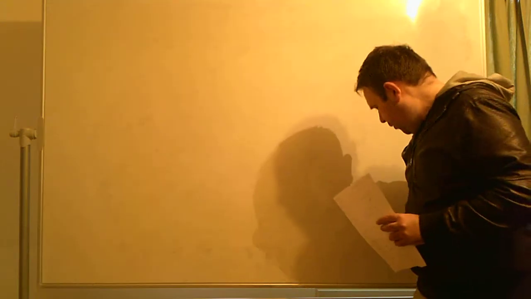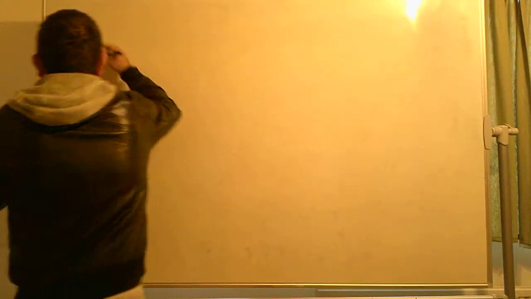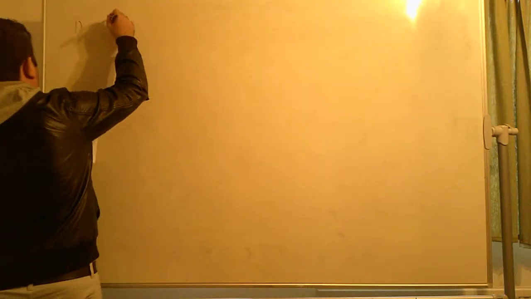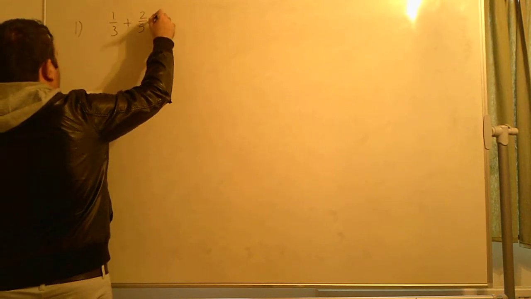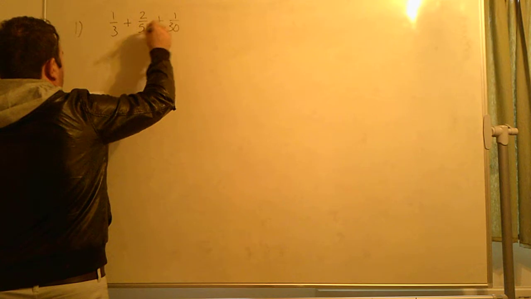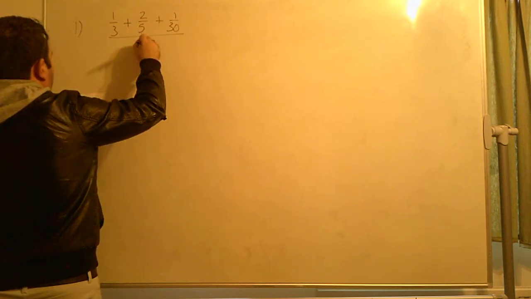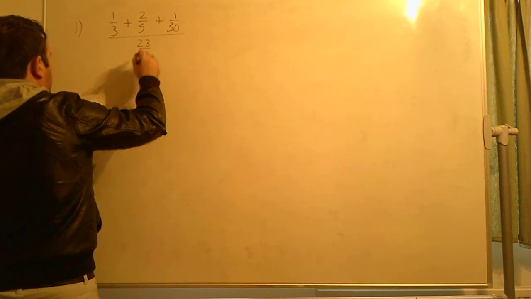In today's video we're going to study how to simplify complex fractions. So, with no further ado, let's start with the first example. We have one-third plus 2/5 plus 1/30, divided by 23/30.